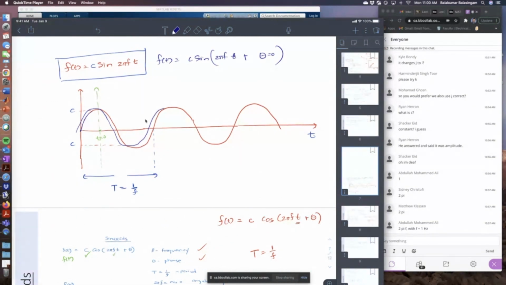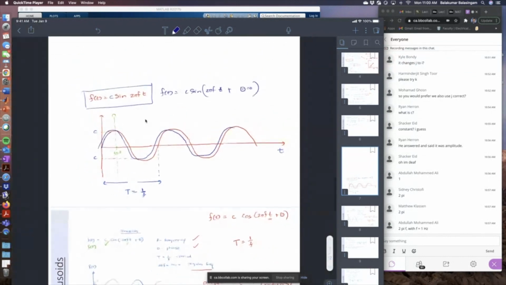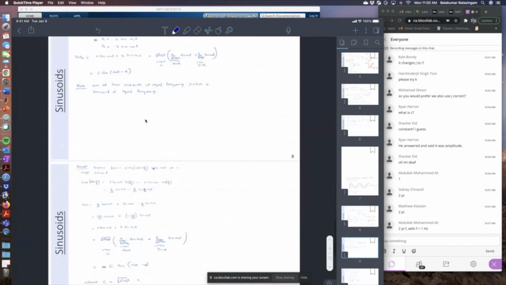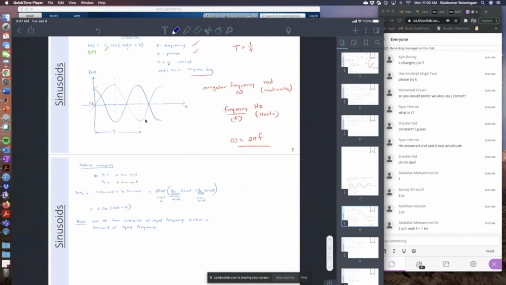If it is positive or negative, based on that, it will start a little bit late, like that. So that is the phase difference. This is the start of signals and systems. We are starting to study sinusoids, but we'll obviously go on to study more complex signals.